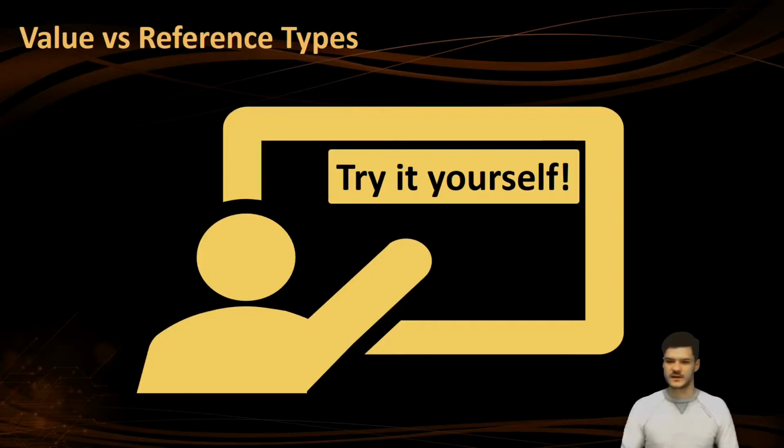It's a bit more complex term, so don't worry if you don't understand it, but it's good to know that when you start writing bigger and more complex programs with a lot of method calls, sometimes it's going to be strange for you and you're going to say, oh my god, why doesn't this value change, or why does this value keep changing, I don't want this value to be changed. You need to be aware that there is such a thing as value and reference types of variables.